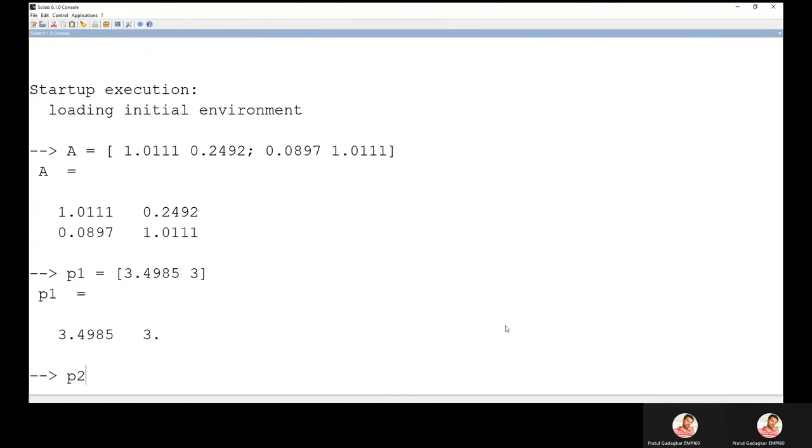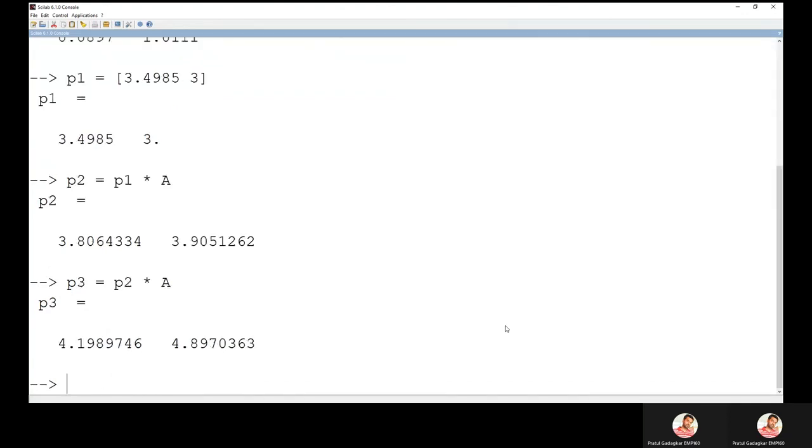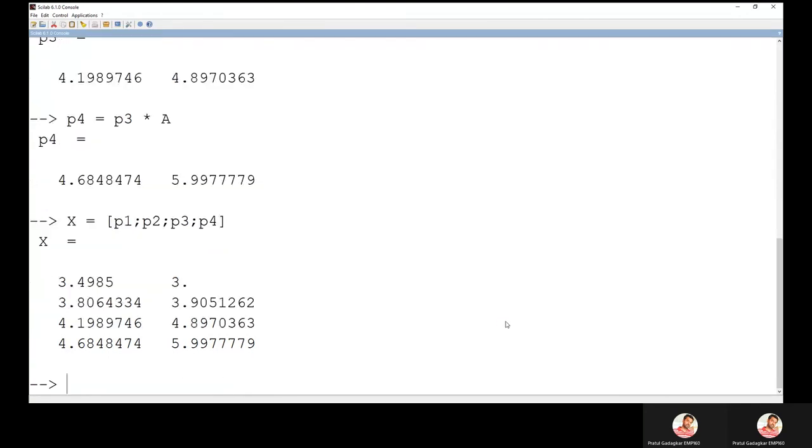So accordingly we will get P2 is equal to P1 star A. The third point will be P3 is P2 star A and the fourth point P4 is P3 star A. So these are the 4 points that we have generated. Let me write them together. So it is P1, P2, P3 and P4. These are the 4 points that we are going to draw in GeoGebra now.